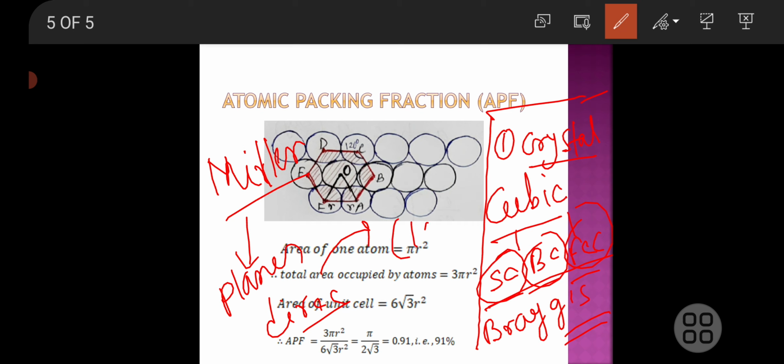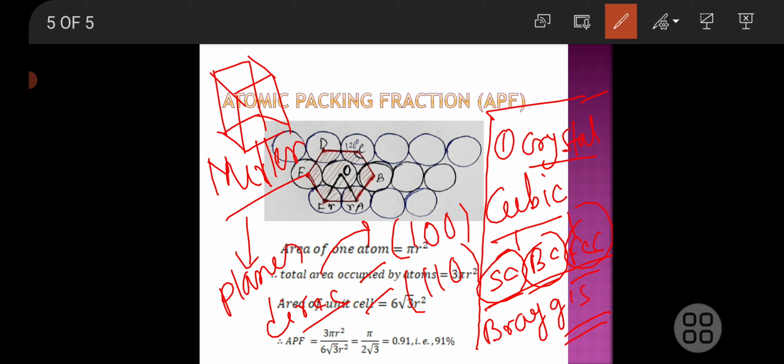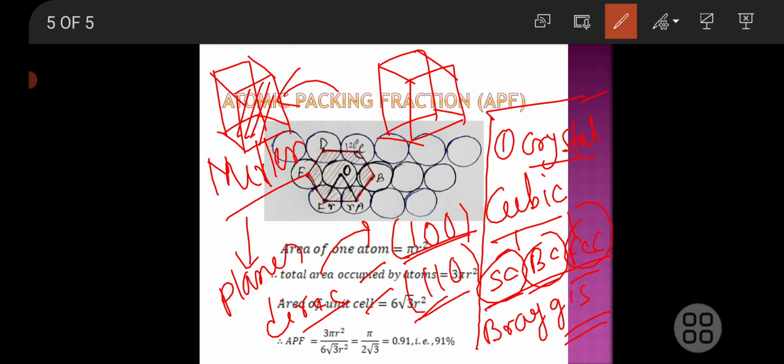For example, there is the 100 plane, 110, but for different planes you have to draw different unit cells. For example, for 100, this is the 100 plane, but don't show 110 in the same figure. For 110 you have to draw a separate figure.